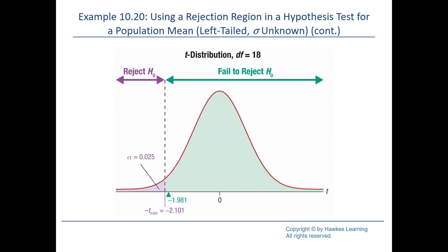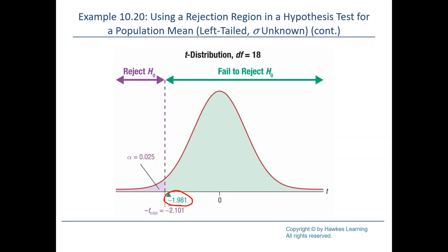So let me show you a chart so you can see. Again, here's 0. Here's the negative t alpha, and again, this was that negative 2.101. And then the sample that we ran, that t-value, that test statistic, notice that it is actually just slightly bigger than our critical one.